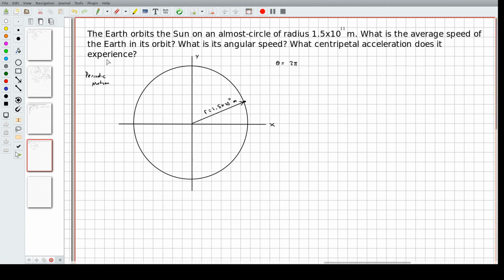So the amount of time it takes for something to go around once, or for the pendulum of a clock to swing back and forth once, or for a spring to bounce through an oscillation once, is called a period. It's the time for one complete oscillation.